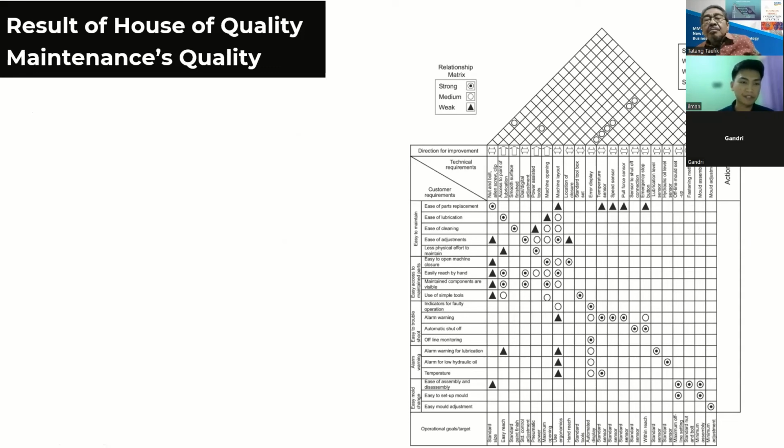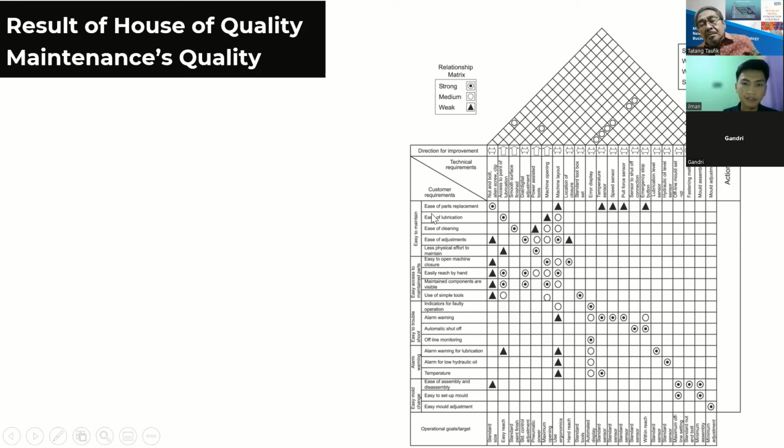The paper made it diminished here because there is no relative customer in the paper. That's why we go to the point, to the relationship. And for the maintenance quality house of quality, the point is easy to maintain.